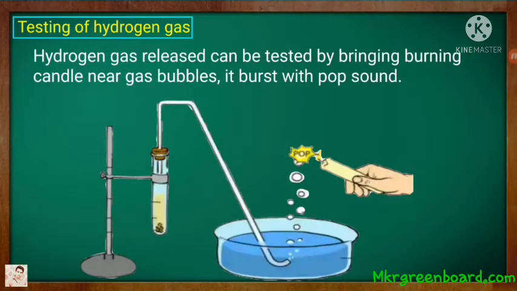Next, testing of hydrogen gas. When hydrogen gas is released, it can be tested by bringing a burning candle near the gas bubbles. It burns with a pop sound. That time we indicate that hydrogen gas is liberated.